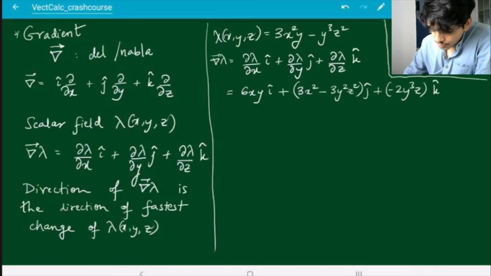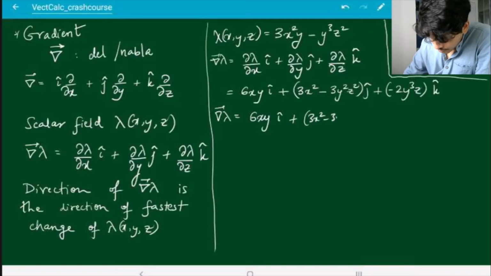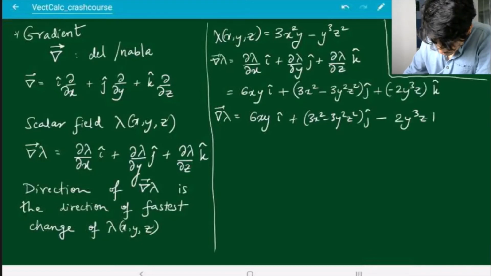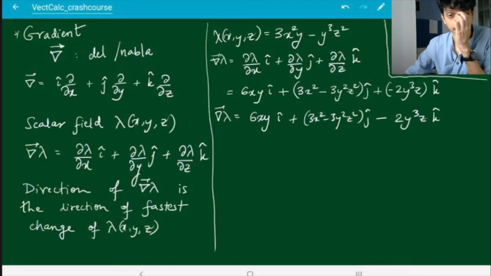Okay. So gradient of lambda is 6xy i plus 3x square minus 3y square z square j minus 2y cube z k. Okay. So this is the gradient of the scalar function. It's a very straightforward calculation.